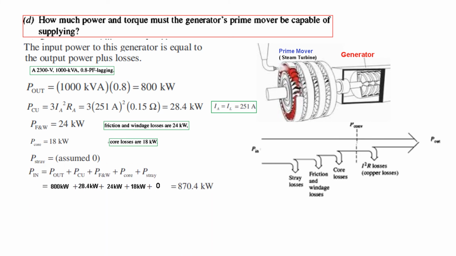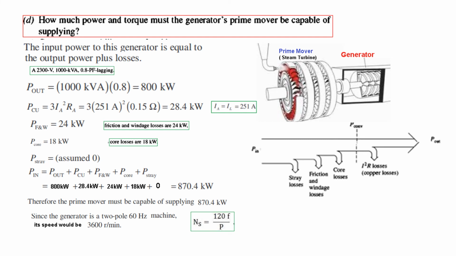So the input power now, adding all this, is 870.4 kilowatts. So this much power the turbine has to provide, or should be able to provide, to run the generator. Therefore the prime mover must be capable of supplying 870.4 kilowatts.